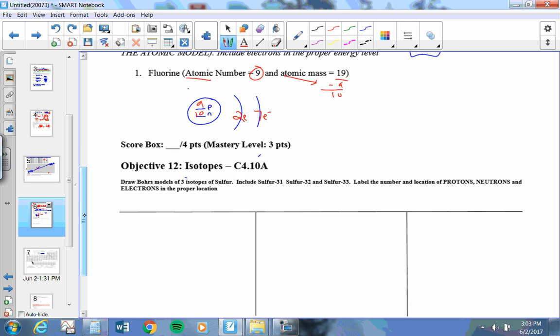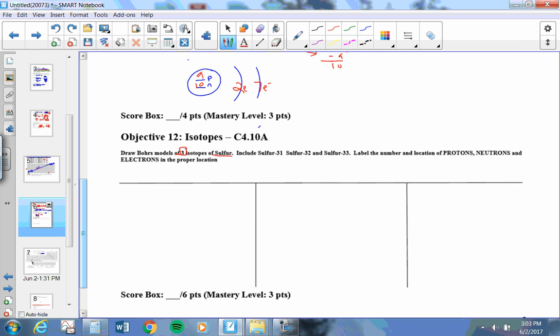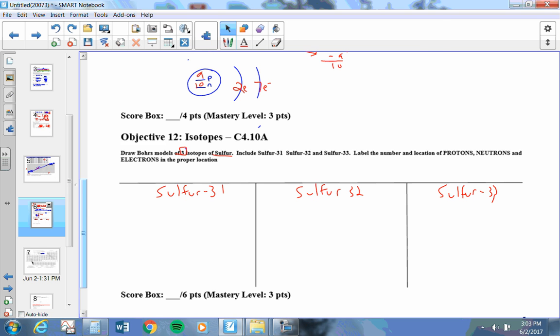If I'm going to draw 3 different isotopes of something like sulfur, and it's going to tell me one of them is sulfur 31, the other one is sulfur 32, and sulfur 33. So I'm going to draw Bohr's model for each of these. Every one of them is sulfur.